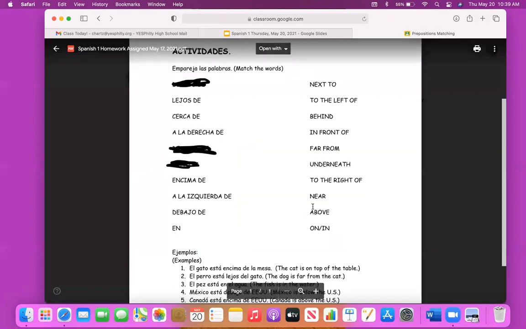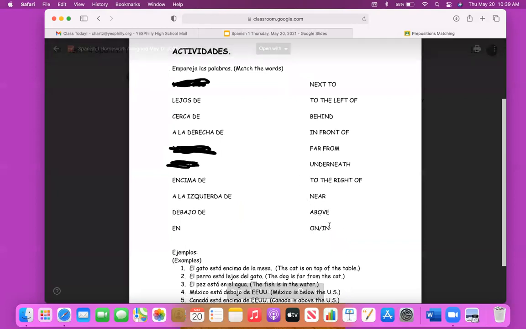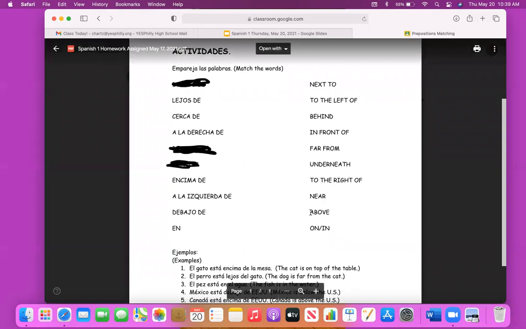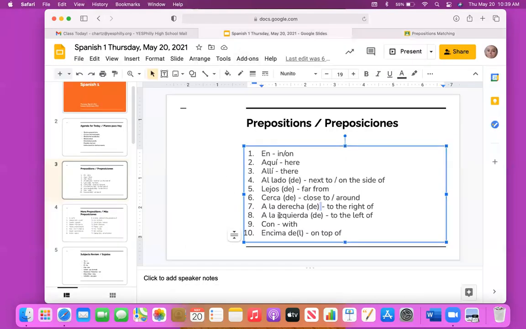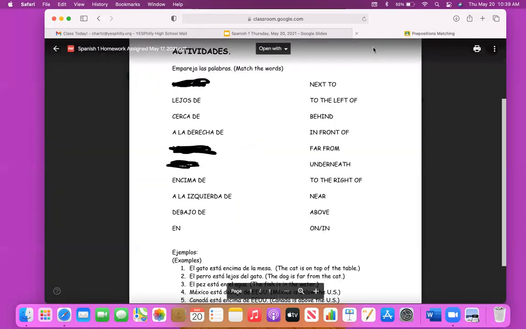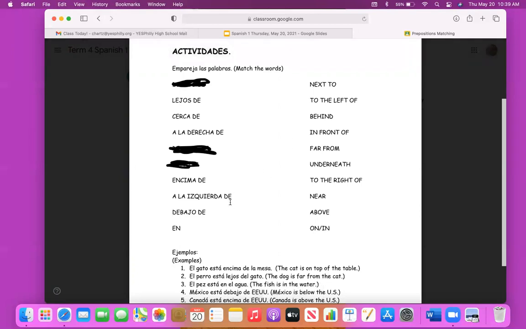So that would be, I mean, you could say above, it's the same thing, on top, above. So that's what you would match with that. A la izquierda de, that's the opposite of a la derecha. So let's go here. And a la izquierda de is to the left of. So that would go right here. So you'd match these two together.